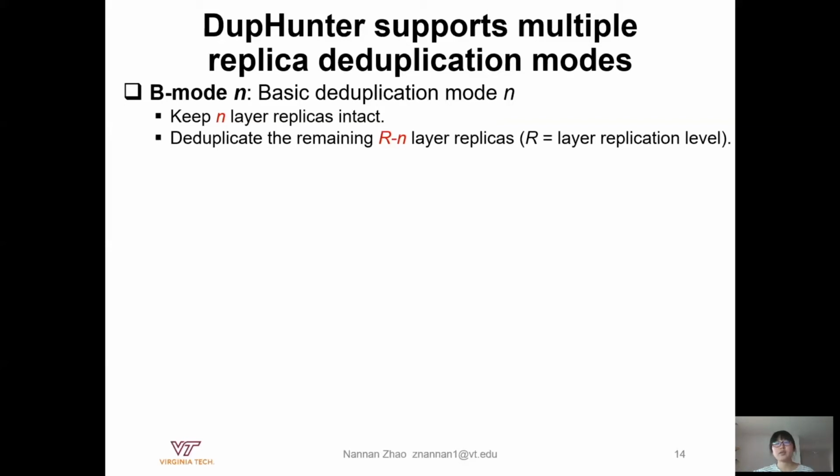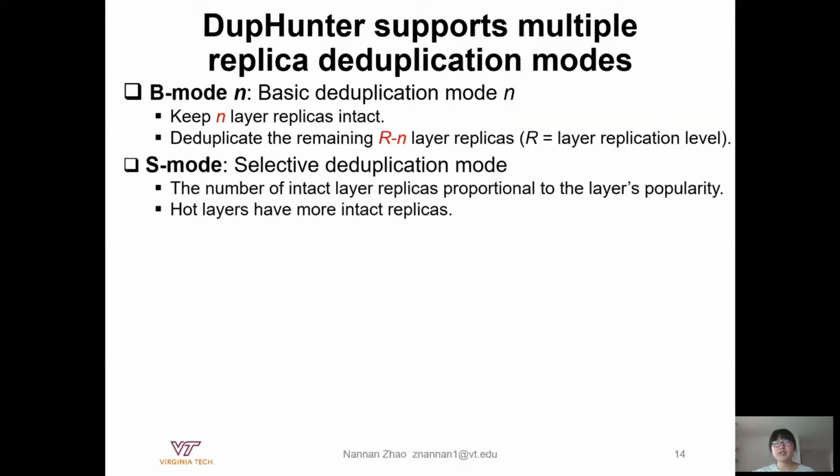It also supports a selective deduplication mode, denoted as S mode, which dedupes rarely accessed layers more aggressively than popular ones. The goal here is to speed up accesses to popular layers and achieve higher storage savings.